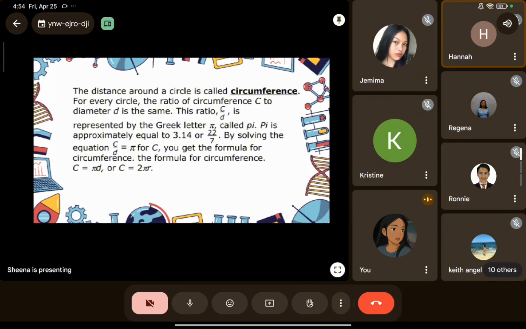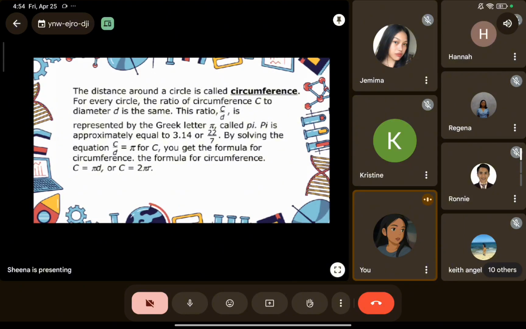Okay, thank you, Hannah. So, the circumference has different ways of calculating it. The circumference of a circle, we can also calculate using the radius and diameter.